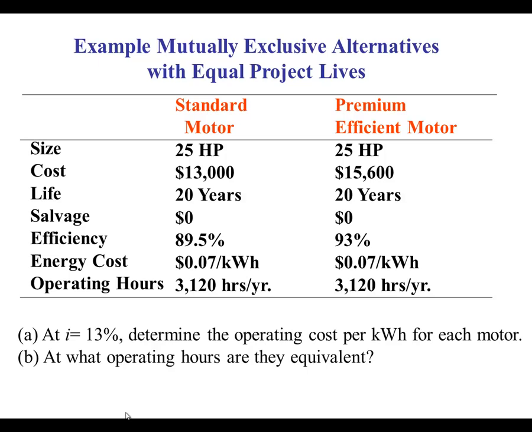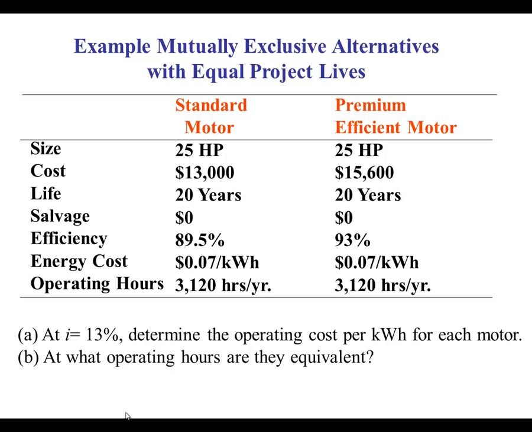The second option is a premium efficient motor with 25 horsepower, 20 years lifespan, 0 salvage value, and 93% efficiency. The cost for that one is $15,600.